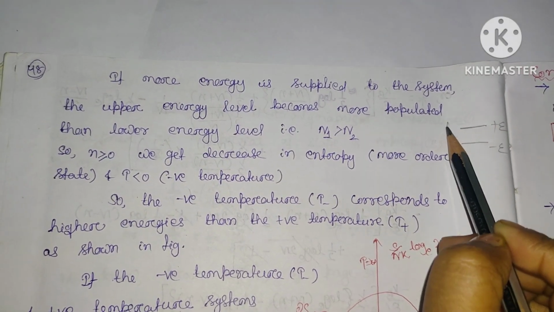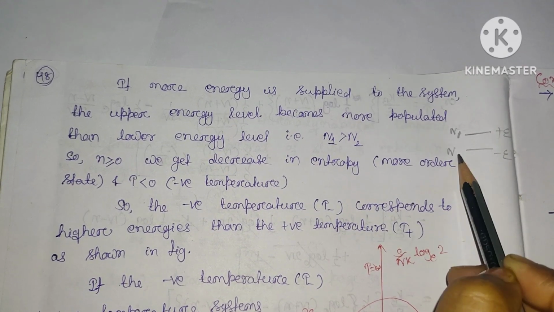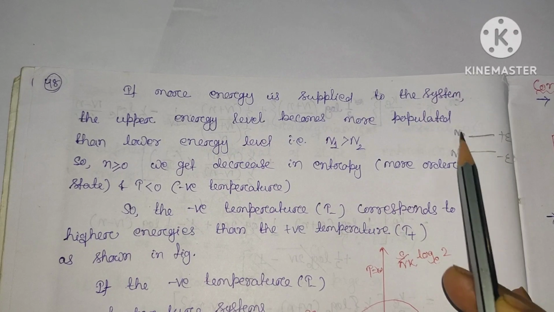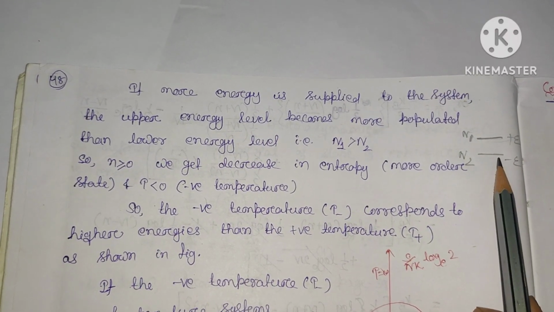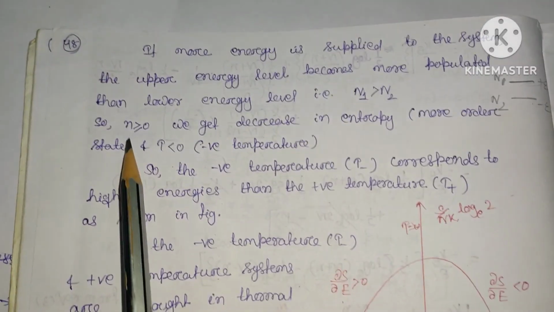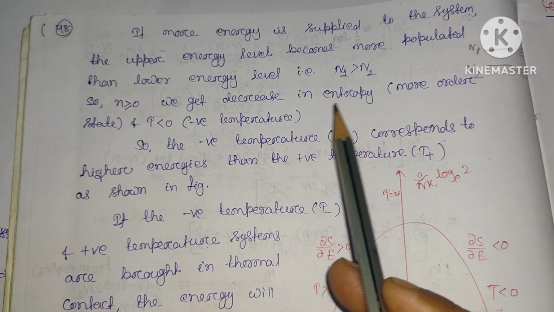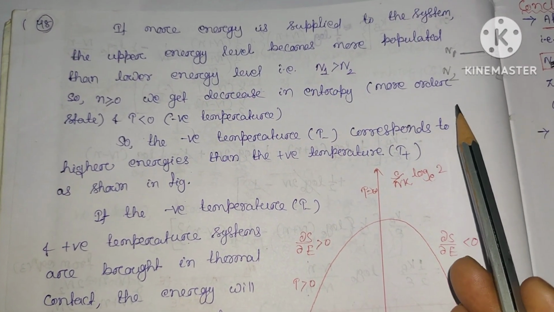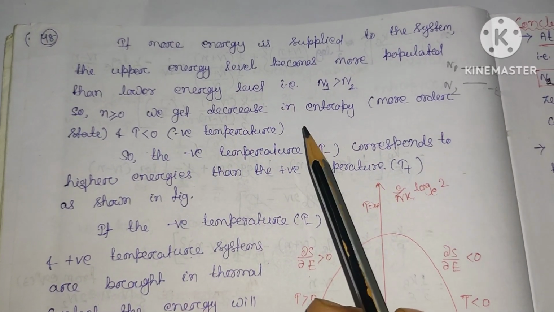In the minus epsilon state there are n2 particles, and now in the positive epsilon state the number of particles becomes more as compared to this. So in that case, small n will be greater than or equal to 0. It means that entropy decreases, or it is a more ordered state. So this is called T less than 0, or the negative temperature.